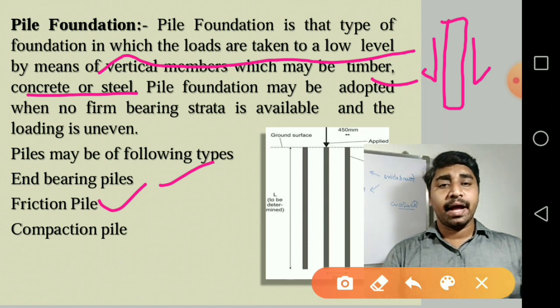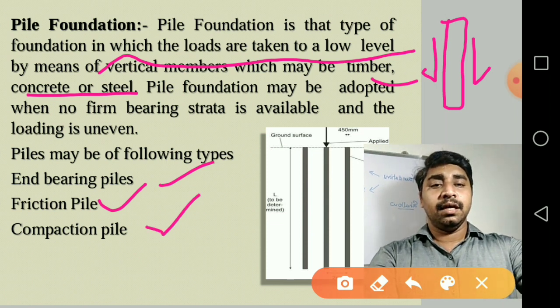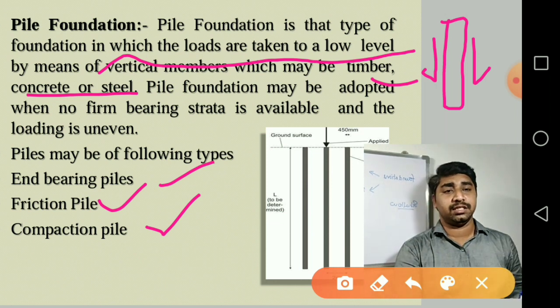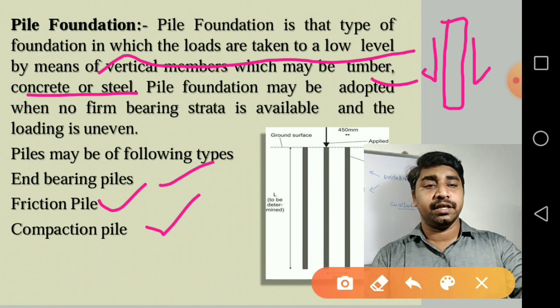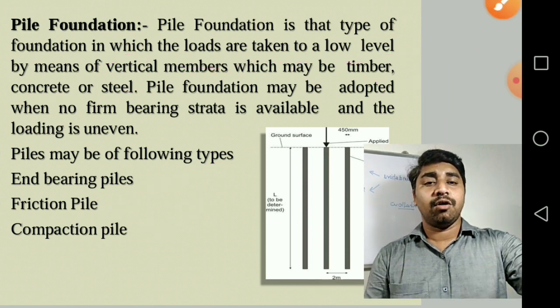Third one is the compaction piles. Compaction piles means that by means of compactive forces it is going to transfer the load. Because of the compactive forces it transfers the load, so it is called a compaction pile.